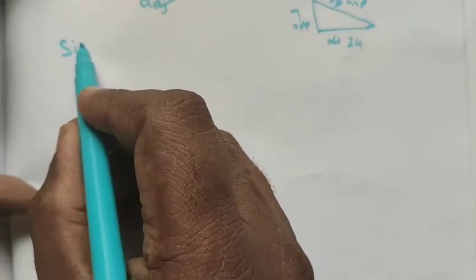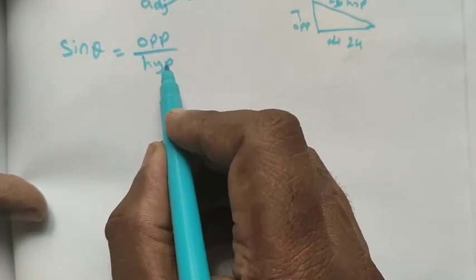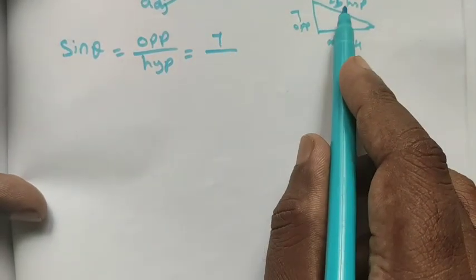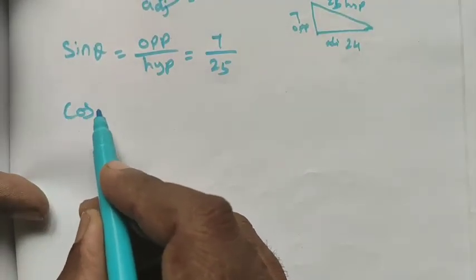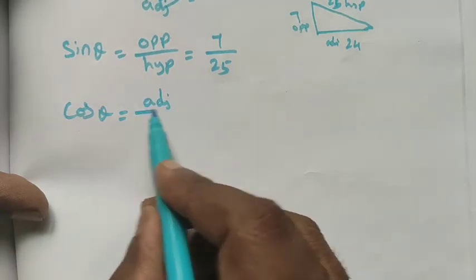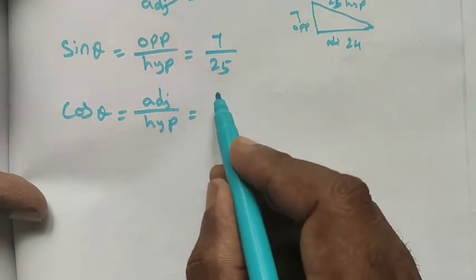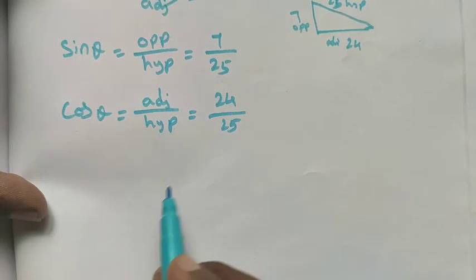So sin theta is equal to opposite side divided by hypotenuse side. See here, the opposite side is 7, the hypotenuse side is 25. Then cos theta is equal to adjacent side divided by hypotenuse side. See, the adjacent side is 24, the hypotenuse side is 25.